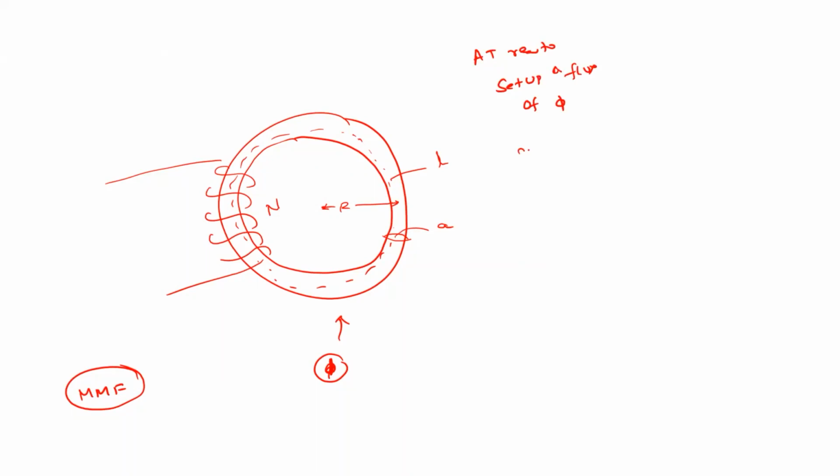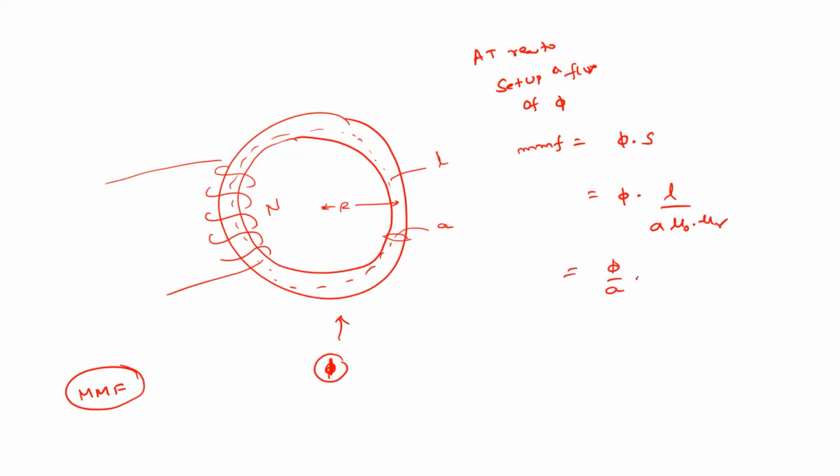What is MMF? MMF equals flux into reluctance, right? So phi into L by A mu naught mu R, where L is 2 pi r and A is pi r square. So phi into L by A mu naught mu R.